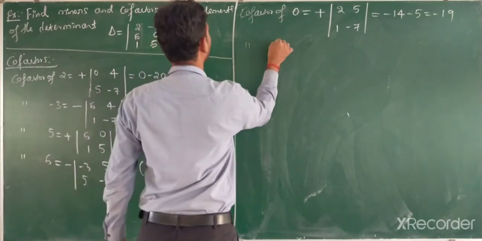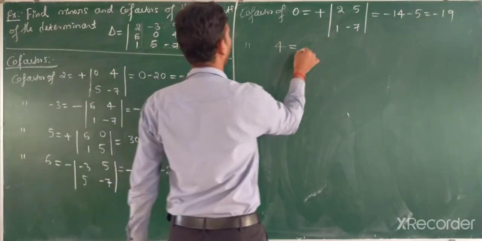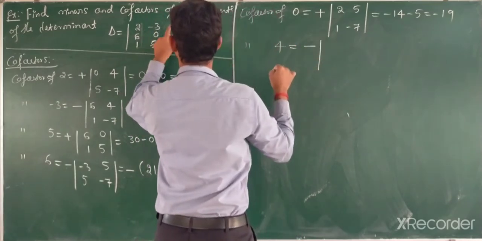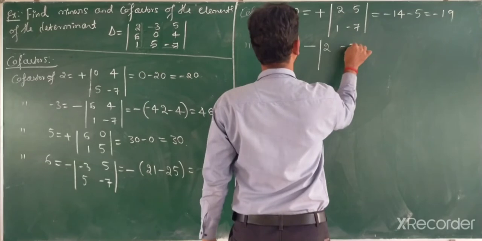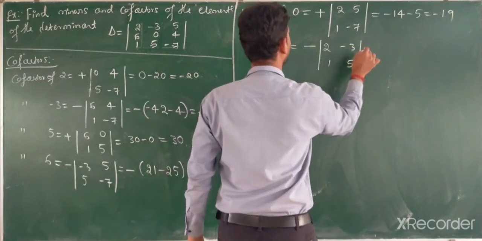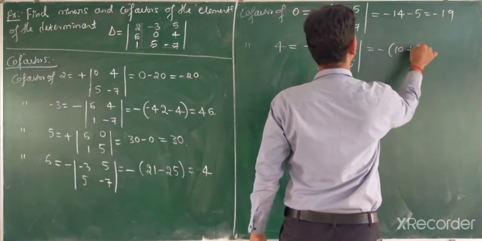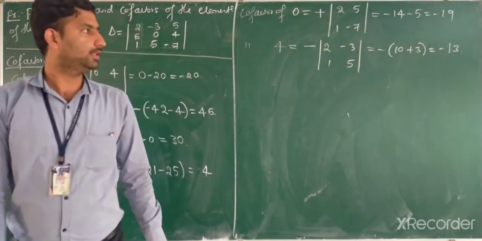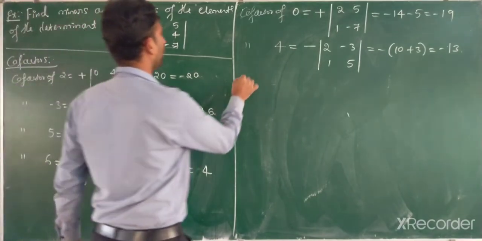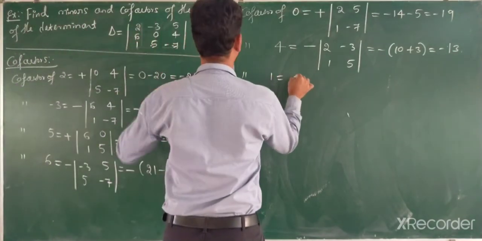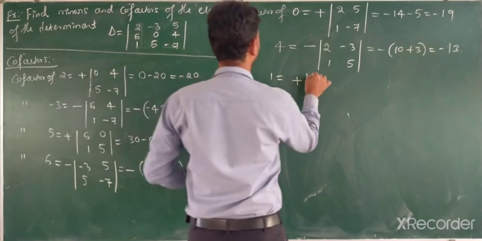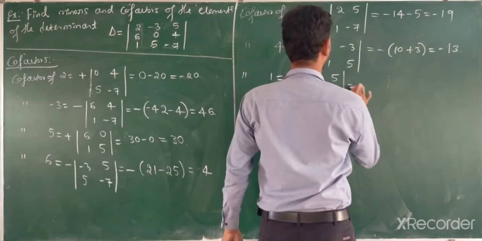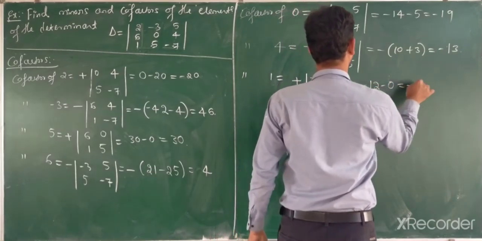Cofactor of 4: plus minus, 2 minus 3, 1 5. 10 plus 3 is 13, minus 13. Cofactor of 1: plus minus plus, 3 5, 0 4, which is equal to minus 12.